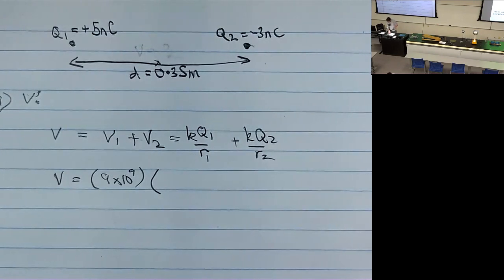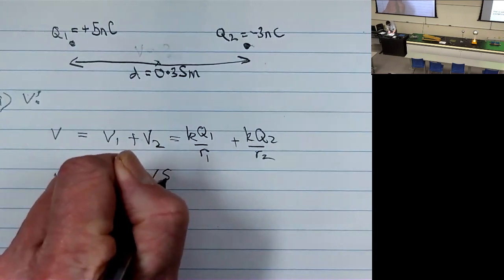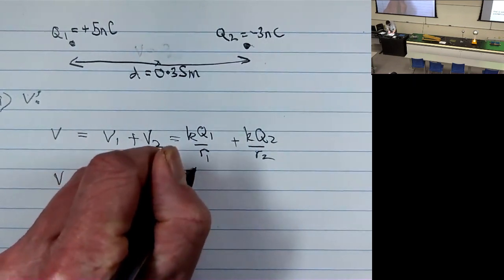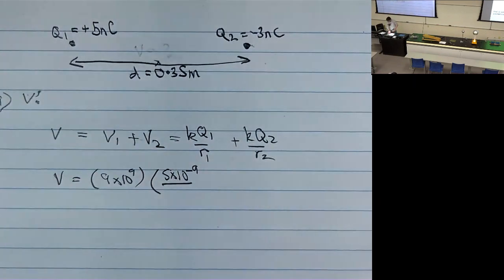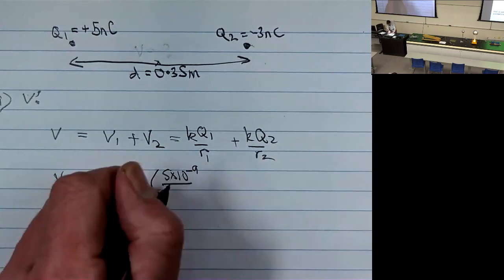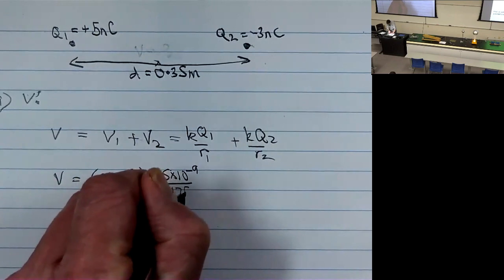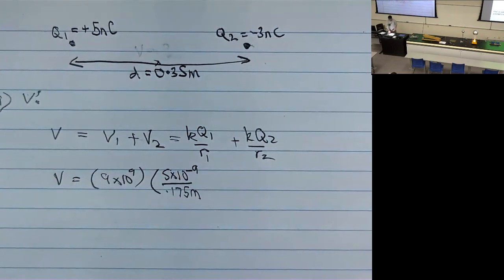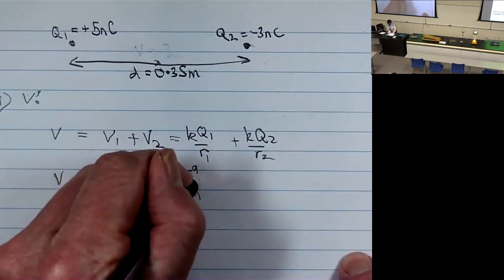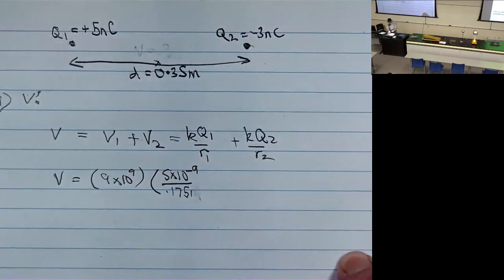And I'm going to fill in the charges. We've got 5 times 10 to the minus 9. That's the 5 nanocoulombs. We've got a distance. It's not 35 centimeters. It's half of that because this point is halfway between the two. So 0.175 meters. I don't know why I wrote the m. I'm not doing that. And then I've got the charge divided by the distance for the other charge, Q2.